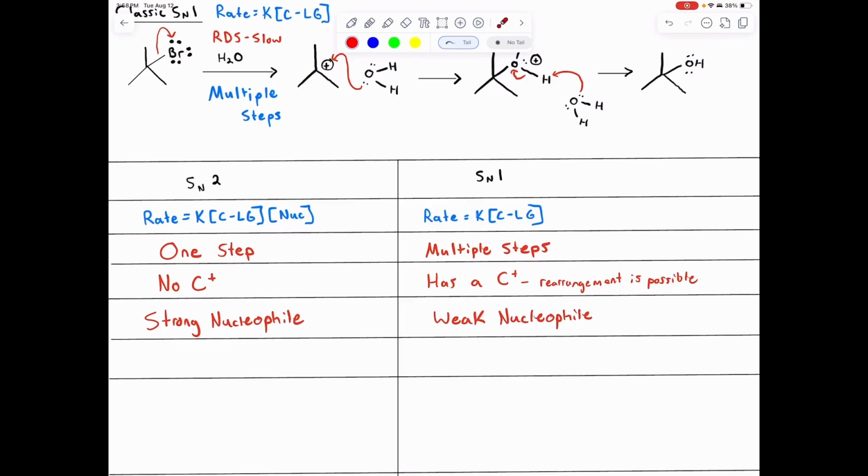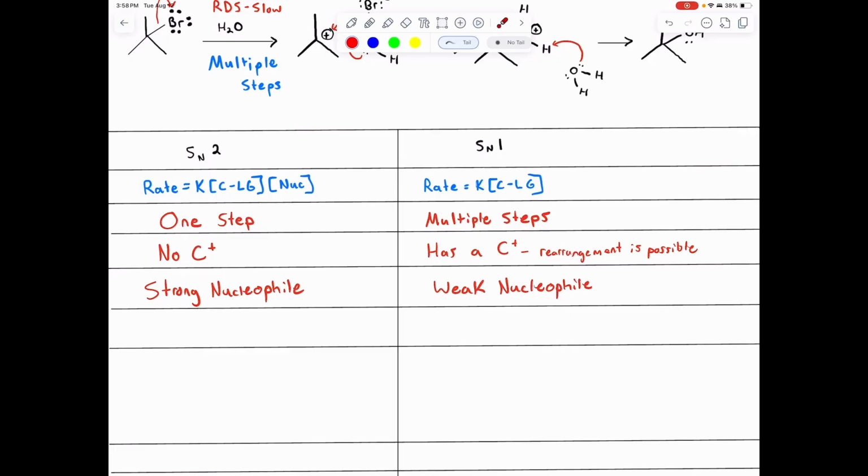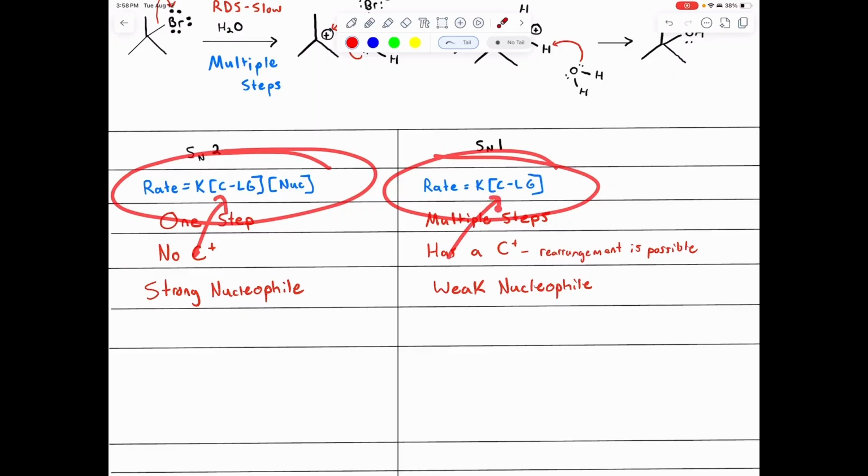and it wouldn't matter. Next up, I want to ask you, which reaction requires that you have a good leaving group? You don't need to know what a good leaving group is, but think about this for a second, based on those rate laws. And what I want you to see is that both reactions involve the leaving group in the rate determining step.